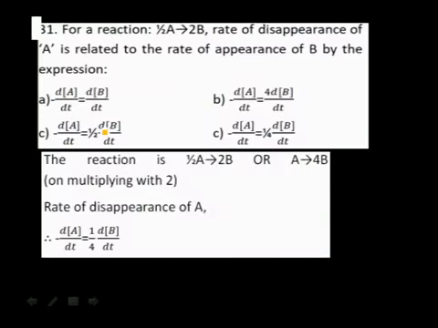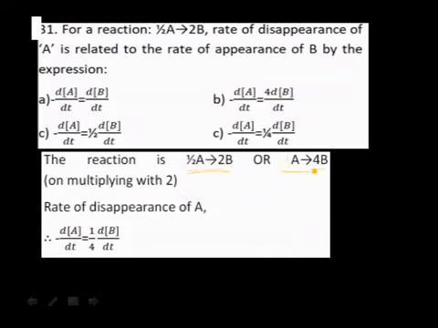And in question number 31, for a reaction 1/2 A → 2B, the rate of disappearance of A is related to the rate of appearance of B by the expression. You have been given 4 different expressions. The reaction is given as 1/2 A → 2B. If I multiply this equation by 2, it becomes 2 into 1/2, that is 1A → 2 into 2, that is 4B. 1A → 4B.